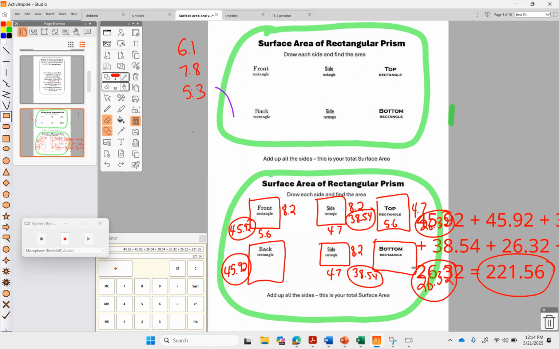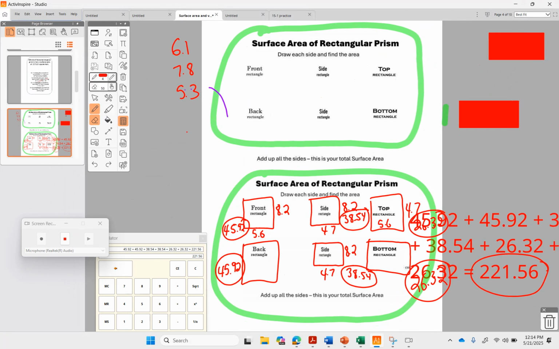Okay, and then I'm going to draw some lines there. Okay, I don't know if that helps, if that made it worse, but I'm going to say, so that these match, that this is 6.1.